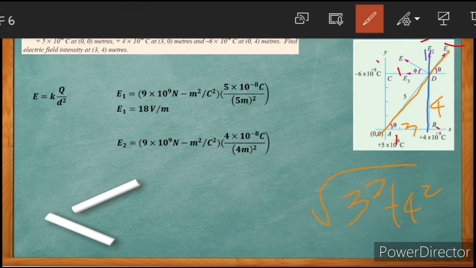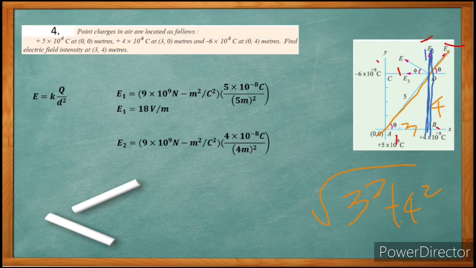Why? Because the distance between B and D is 4, and the electric intensity 2 lies in this area. So for electric intensity 2, we have 22.5 volts per meter.